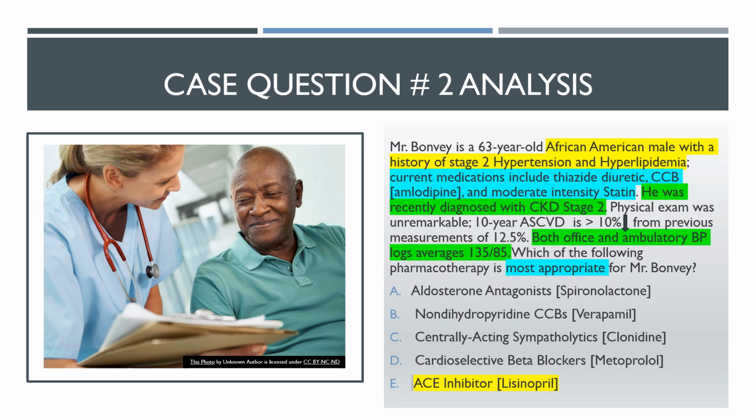The premise of the question is for the test taker to determine the most appropriate therapy or best antihypertensive to prescribe for patients presenting with CKD. Per AHA and JNC8 recommendation and evidence, and also taking into consideration current medication list, the best pharmacotherapy for CKD is ACE inhibitor, lisinopril.